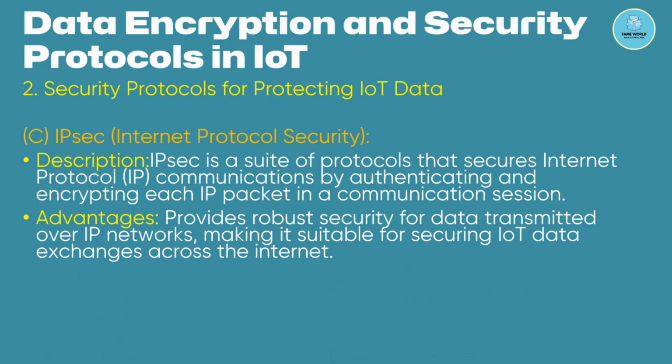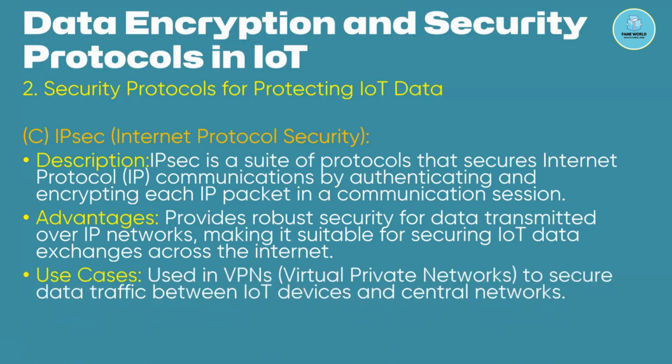So in one session, the packets which are getting transmitted will be secured. The advantage is that it provides robust security for data transmission over the network. Like VPN, you must have heard, and many people must be using it also. The VPN, the virtual private network, secures data traffic between the IoT devices and the central network. So the IP address gets changed, masked, with the help of VPN.